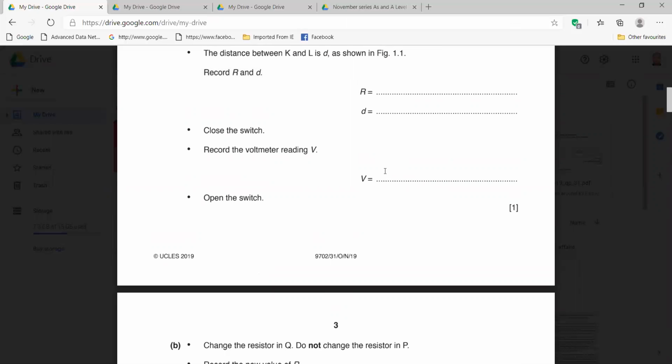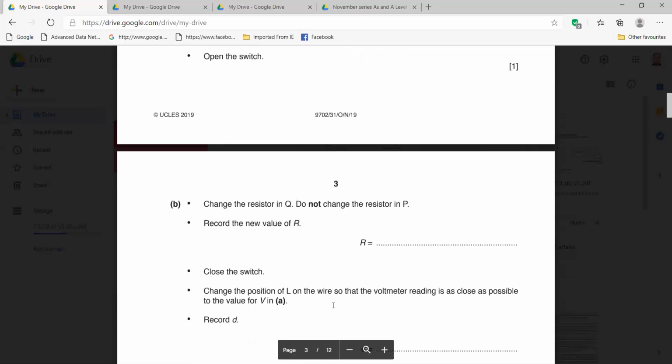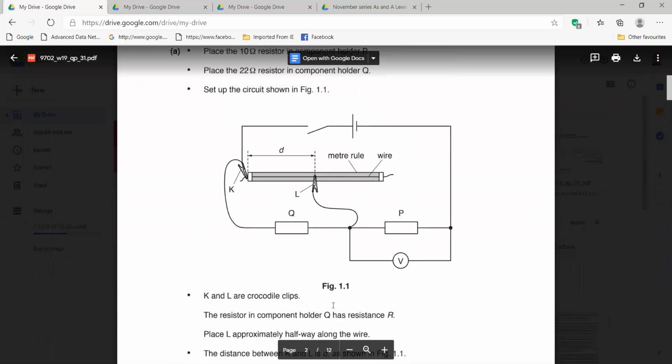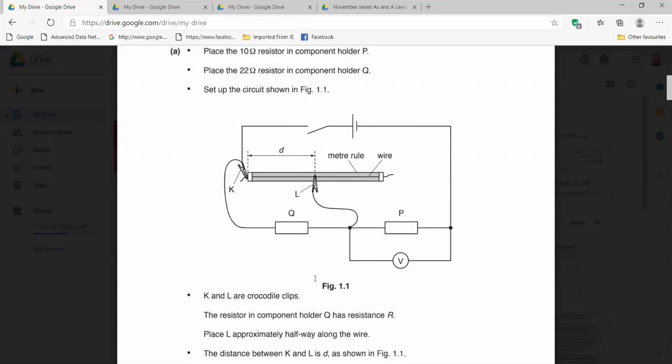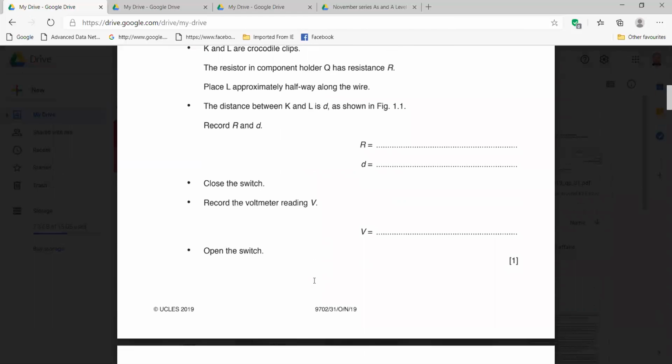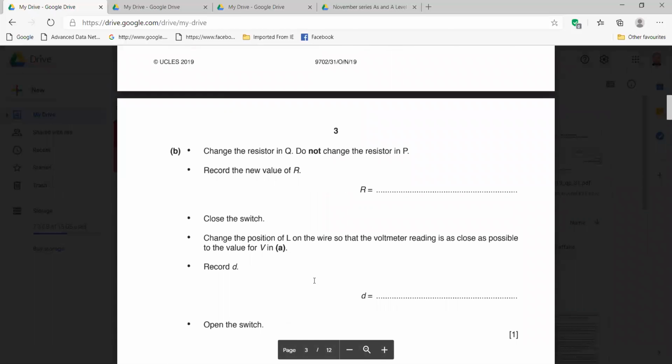So that voltage you have to make here by displacing crocodile clip L right or left. Then you will get a different D. So this way we are getting a different D for different R, isn't it?